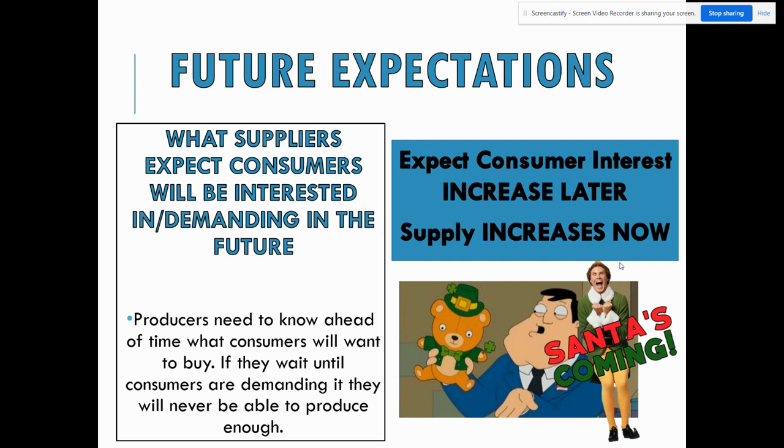Okay, so what this looks like is that when businesses expect consumer interest to be high later, when they expect the demand to be high later, they make more now, supply increases now. And when they know, okay, the holiday is going to end, the season is ending, the event is ending, they change their production to something else.